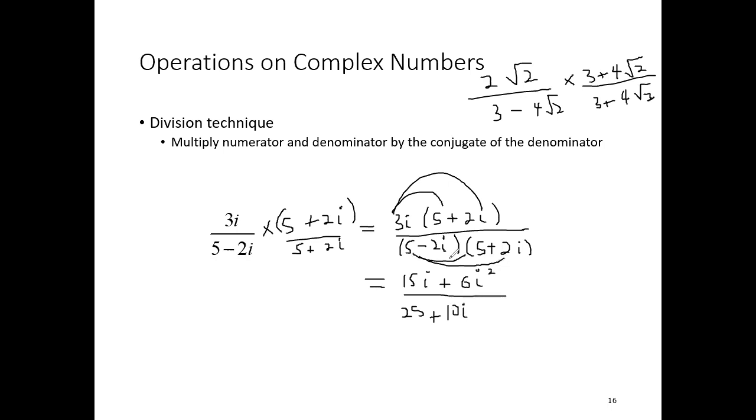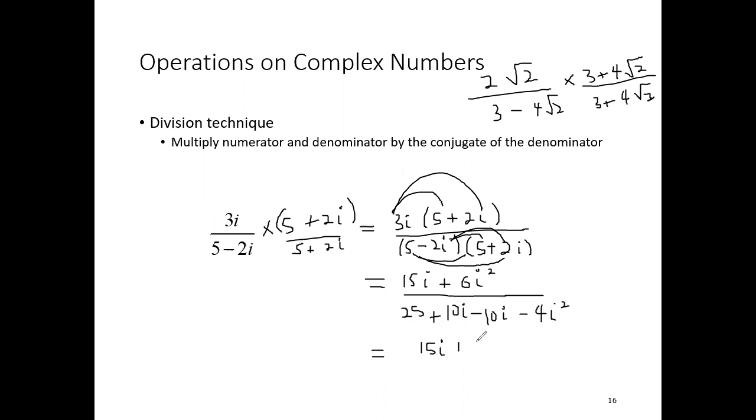Then we have 2 times 5 will be minus 10i. Then we also have 2 times 2. Mind you, there is a negative here, so we have minus 4i raised to the power 2.